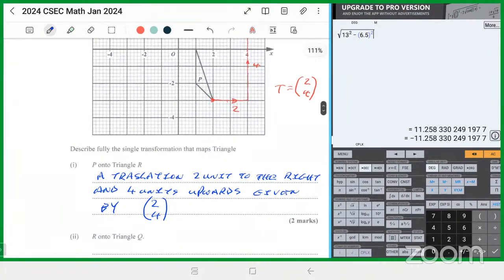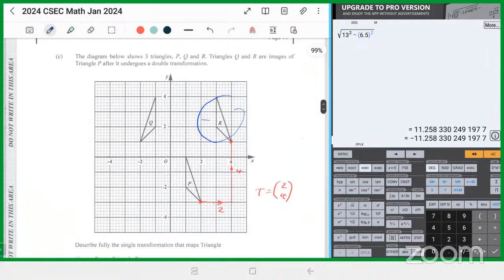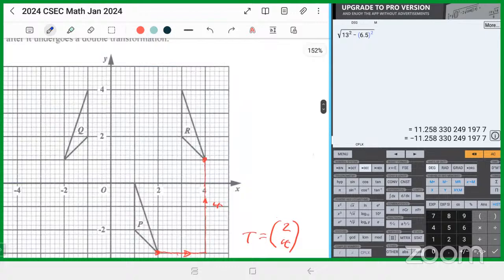That is okay. Then we want a transformation that mapped R to Q. Okay, so we're going now from R to Q. All right, so if we look at these two now, we see that the orientation is reversed. And it is reflection in a line that reverses orientation. What do I mean by the orientation? So let's say that R has vertices A, B, C this way.